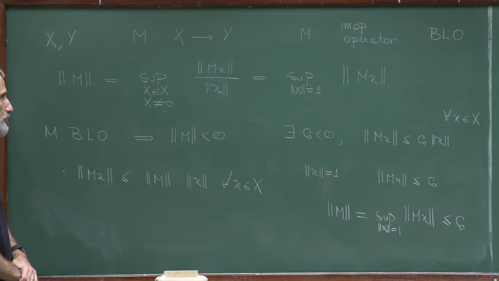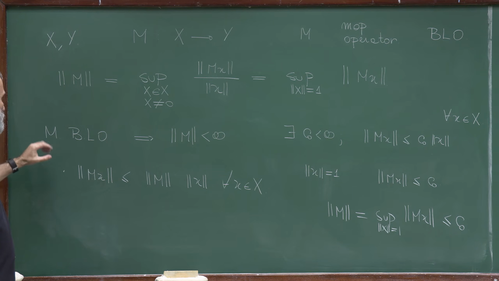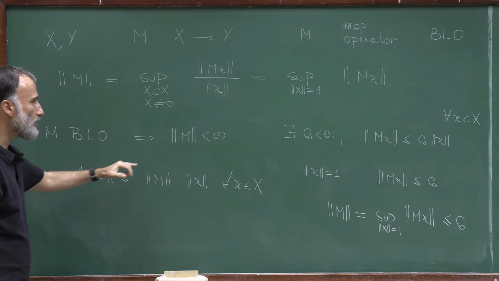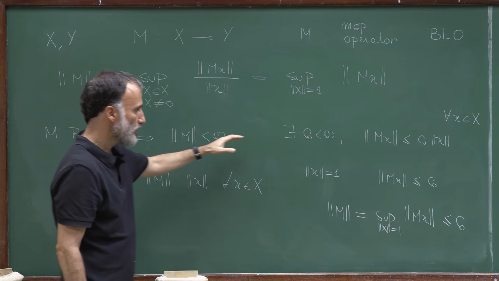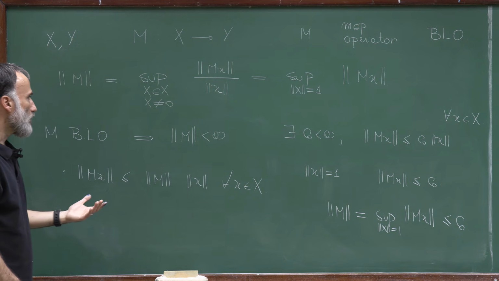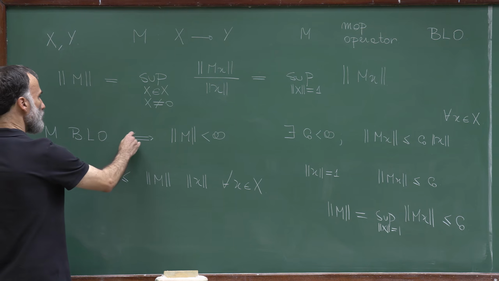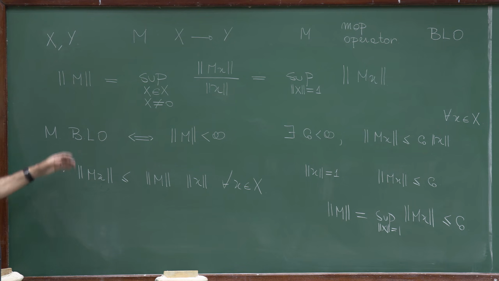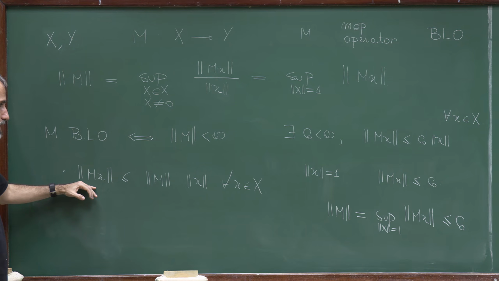So let me repeat what we just proved. We proved the first claim: if M is a bounded linear operator, then its norm is finite. This is this argument. And we proved the converse: if the norm of M is finite, then M is a bounded linear operator because this inequality is satisfied.